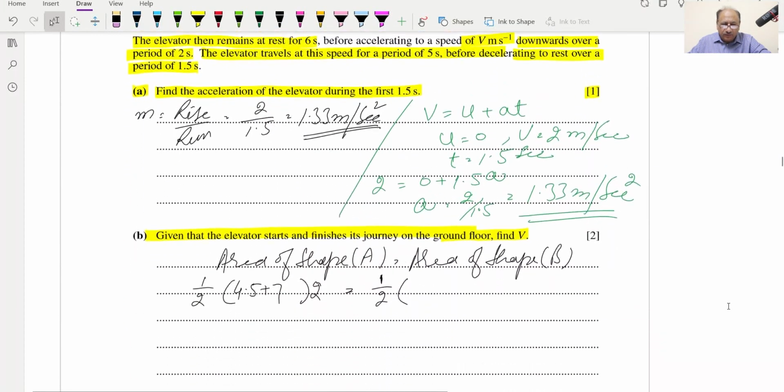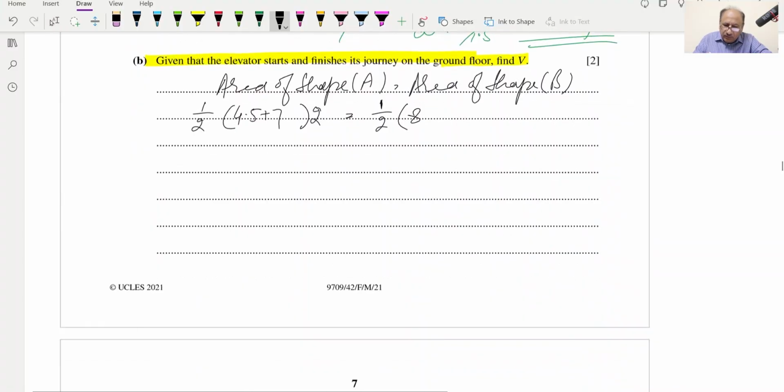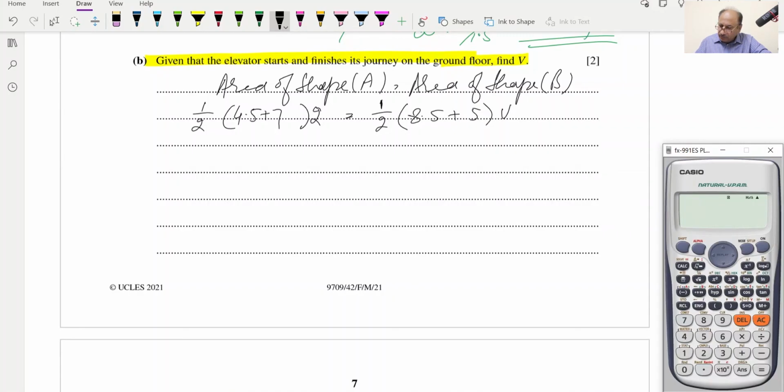So 8.5 plus 5, and velocity will be multiplied. The V value we don't have. Now we can calculate the left side, which is 0.5 into, we can put brackets, 4.5 plus 7, bracket close, and multiply by 2, and this is giving us 11.5.